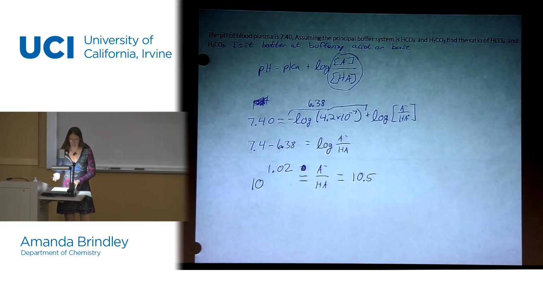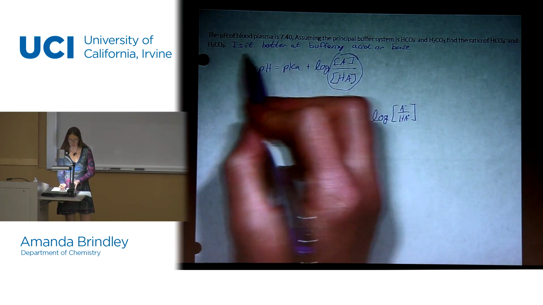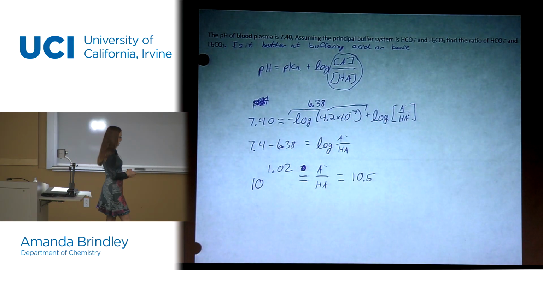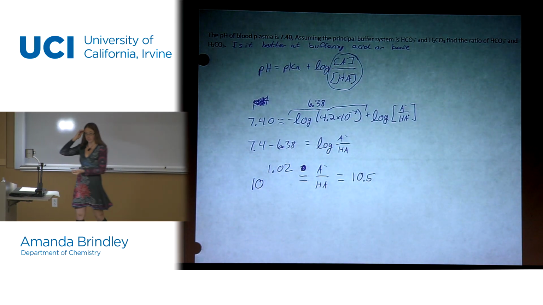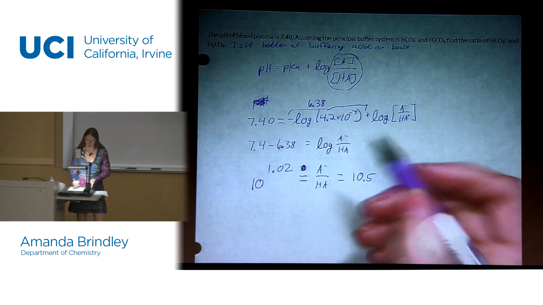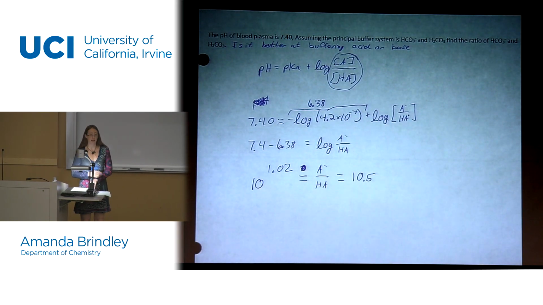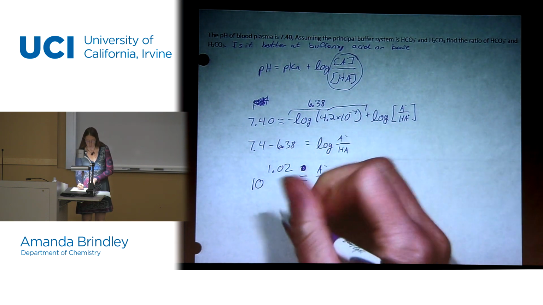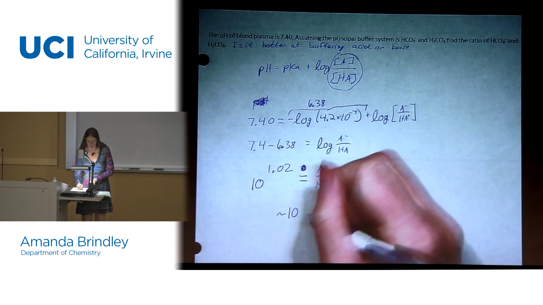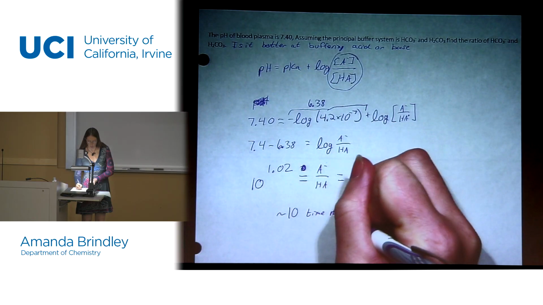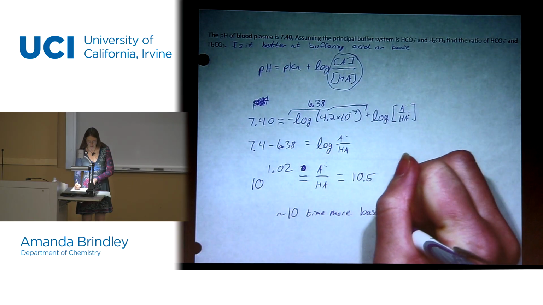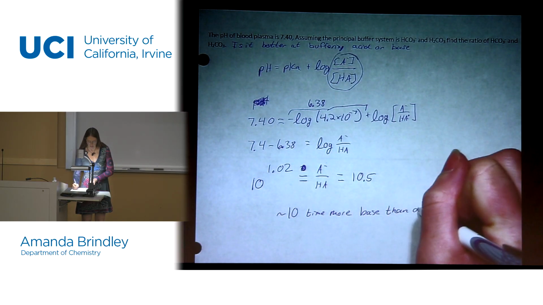Now, let's put this in words for the sake of the little question I added in. Is it better at buffering an acid or is it better at buffering a base? So in words, do I have more base or do I have more acid? Yeah, it's a 10 to 1. So I have about 10 times more base than acid.